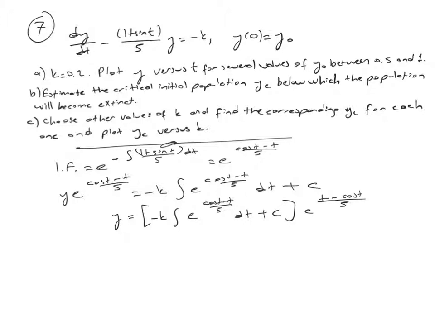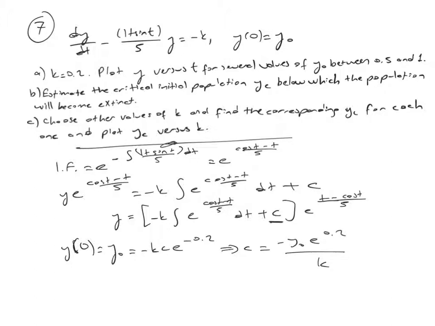In order to find the constant c, we will use the initial condition, which is y(0) is equal to y sub 0, and it's equal to minus k times c times e to the minus 0.2, and from here c is equal to minus y0 times e to the 0.2 over k.